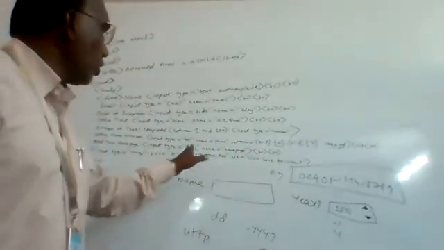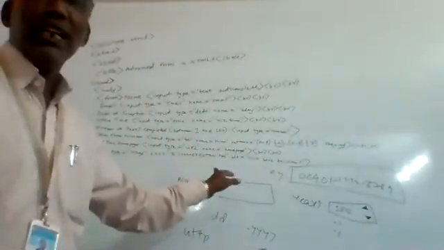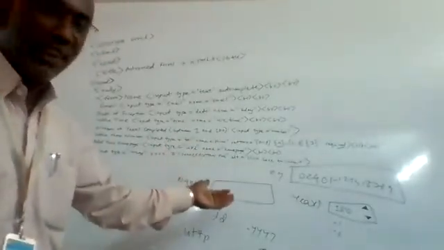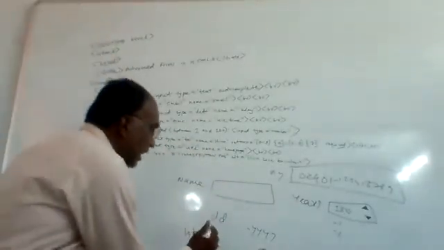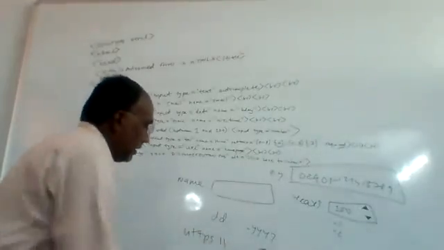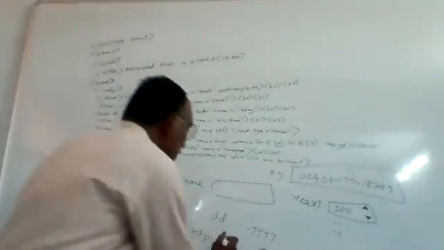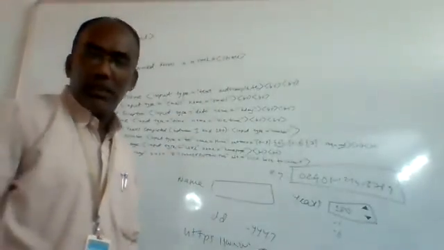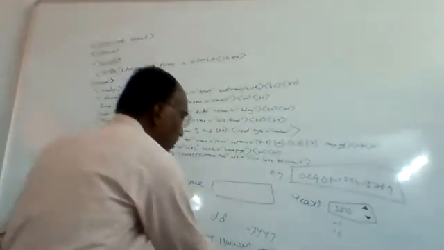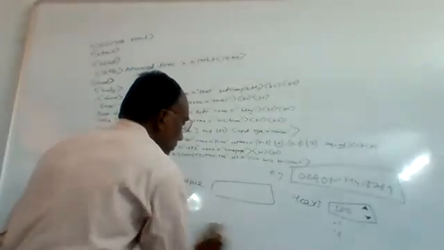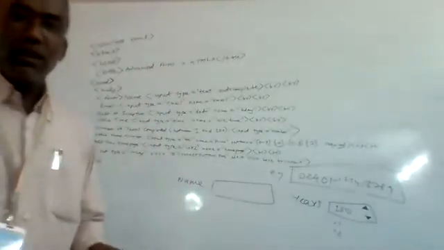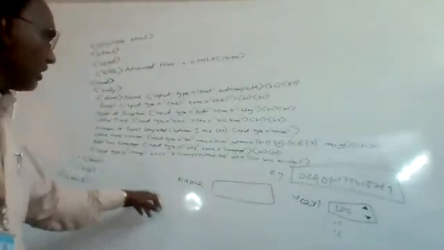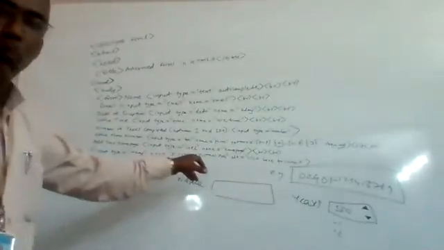You have to input any URL for the home page. For example, https://www.gmail.com. So in this way, we can input the home page.